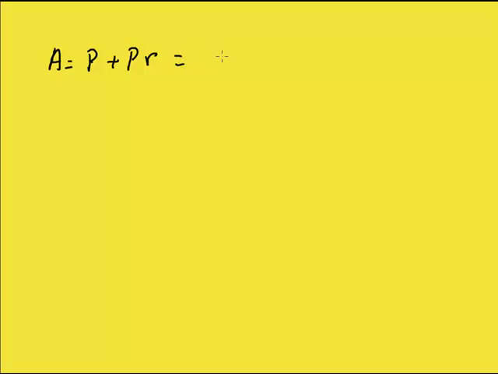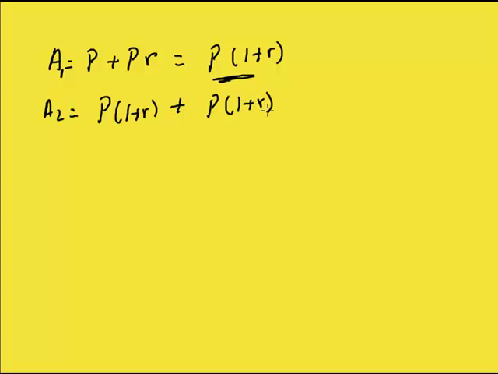Of course, this is the end of the first year, and this simplifies to P times 1 plus R. Okay, so at the end of the second year, you're going to have P times 1 plus R, plus you're going to earn interest on this, so that will be P times 1 plus R times R.